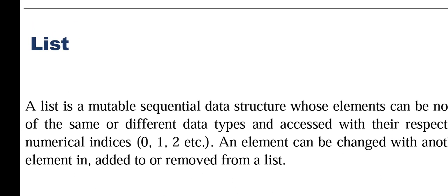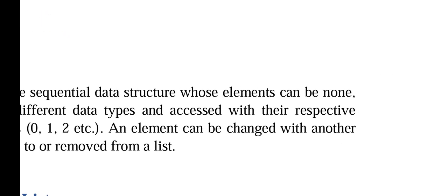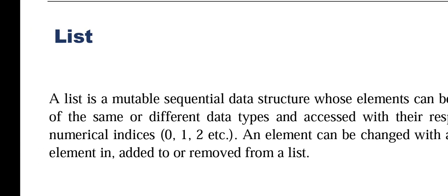Mutable means it can be changed, and an element can be changed. One, an existing element in a list can be changed with another element. Two, an element can be added to a list. Three, an element can be removed from a list.